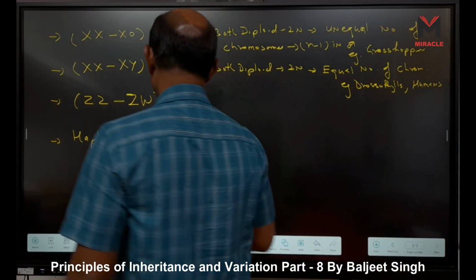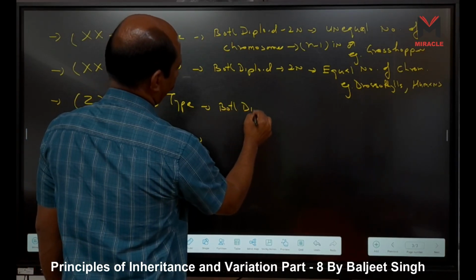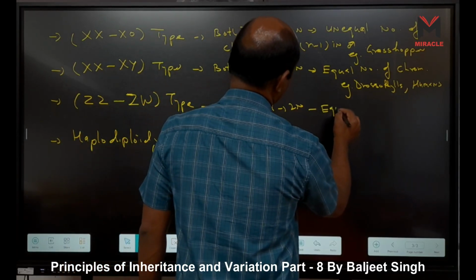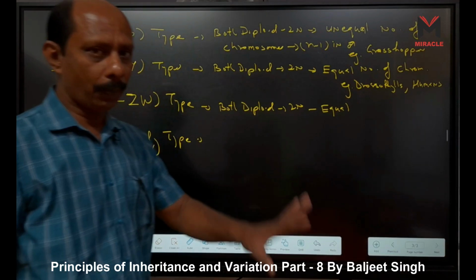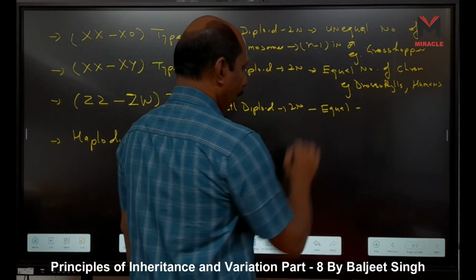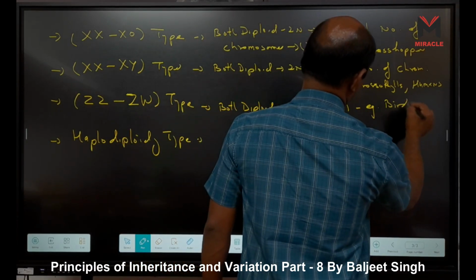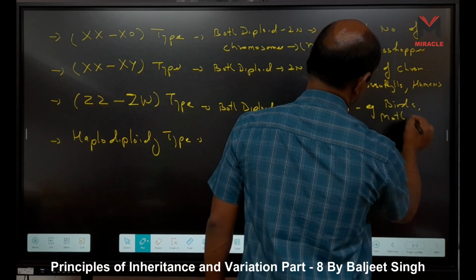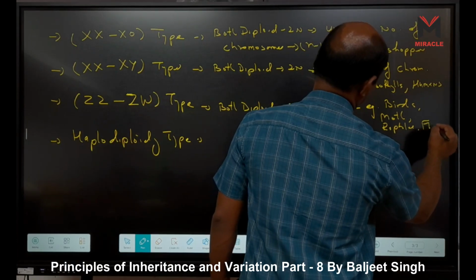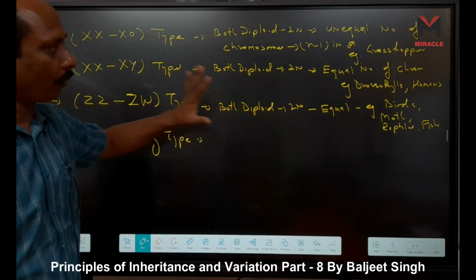mammals and others, right? ZZ and ZW type means both diploid, 2n. Number of chromosomes is also equal. For example, birds, moths, reptiles, fishes. All these are diploid, but what is the difference?